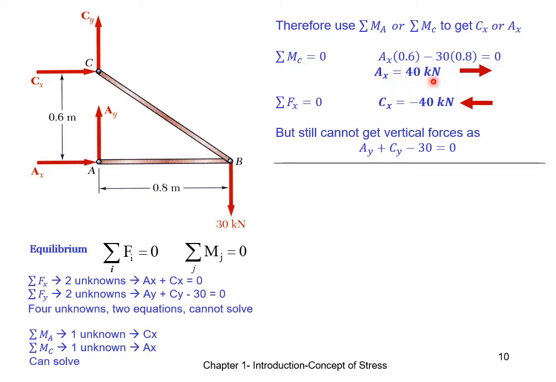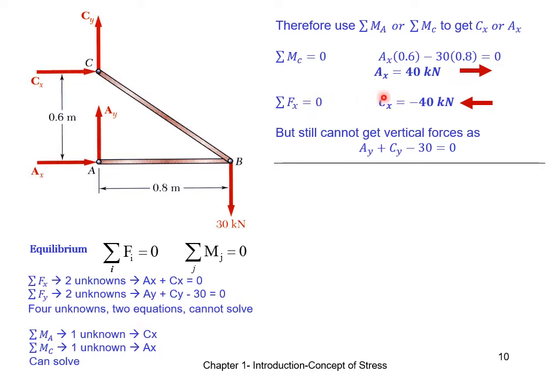As this is positive, we know that the direction we assumed previously is correct. We then take the summation of forces in the x direction, Ax plus Cx equals 0, and find out what Cx is. Cx turns out to be negative 40, which means that the direction we assumed previously should be reversed. Cx should be pointing in the other direction instead.